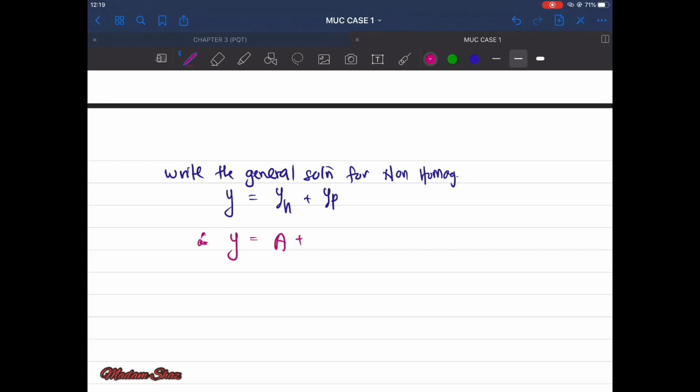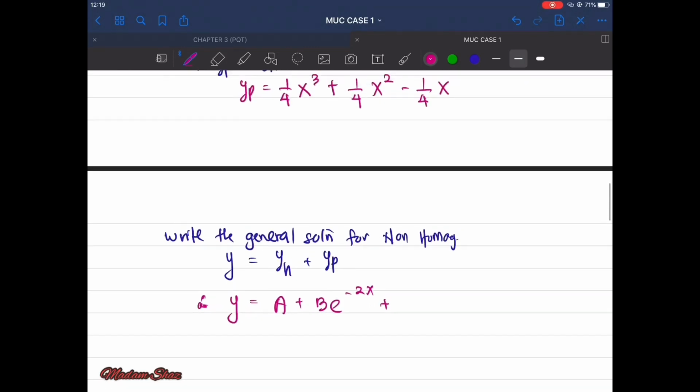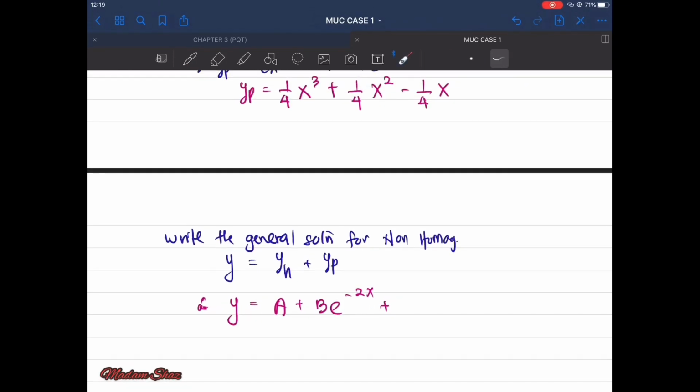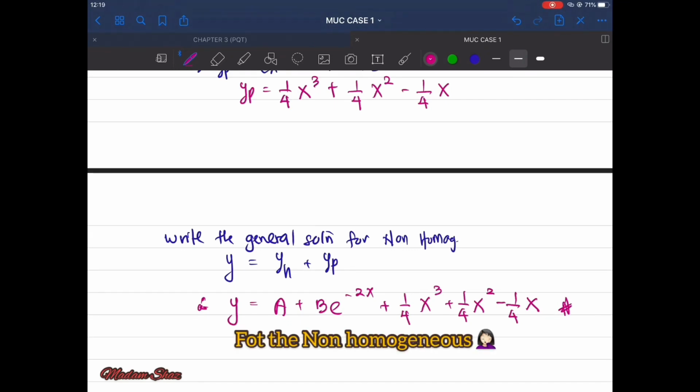So y is equal to A plus B exponent negative 2x, plus, substitute back your YP here, 1 over 4 x to the power of 3, plus 1 over 4 x to the power of 2, minus 1 over 4 x. Okay, so this is the general solution for the non-homogeneous equation when we solve by using undetermined coefficients.